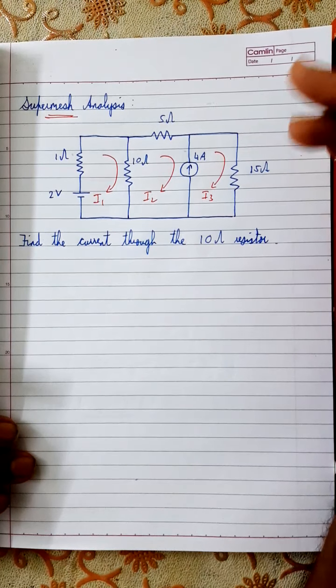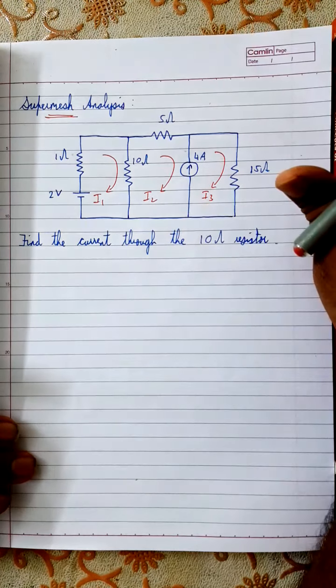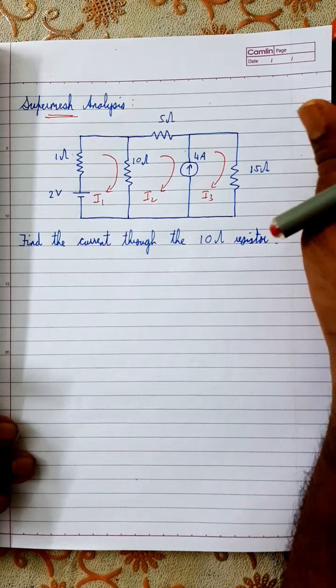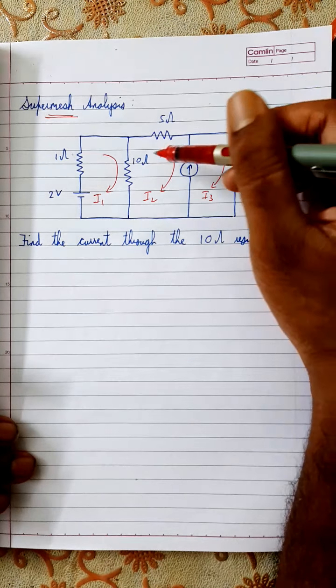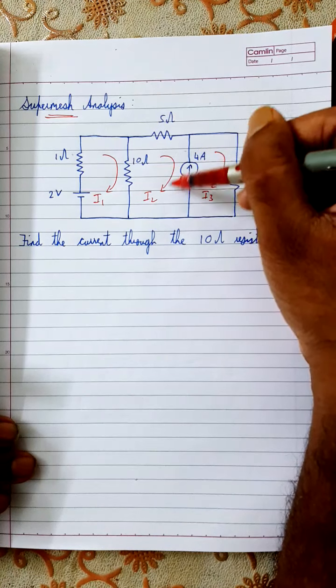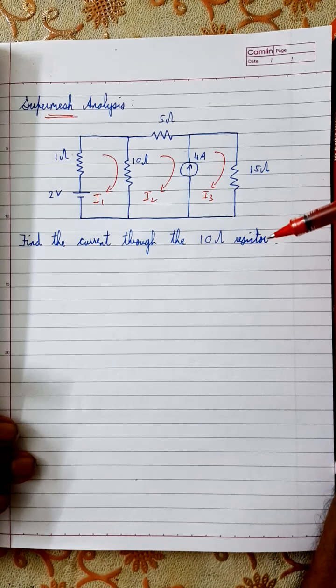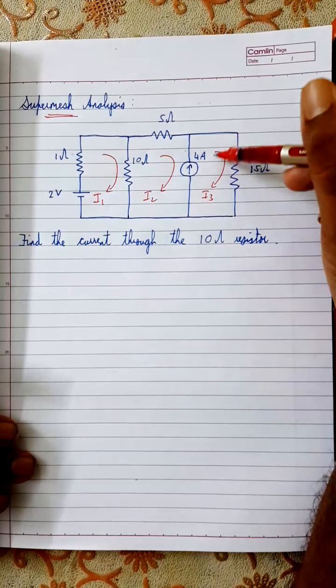Basically, Kirchhoff's voltage law can be applied across any closed circuit, not only to the individual meshes. It can be applied to any loop, right? So here you cannot apply Kirchhoff's voltage law in this mesh, because you don't know the voltage across this 4 ampere source, and also you cannot apply it in this mesh, for the same reason.